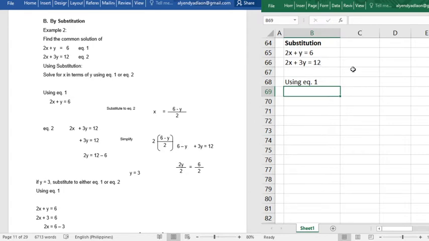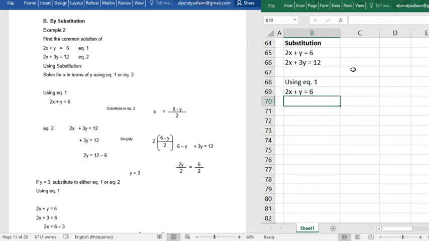Now, before we can substitute it, we still have to transpose this equation, 2x plus y equals 6.